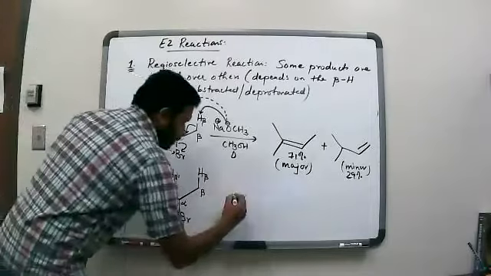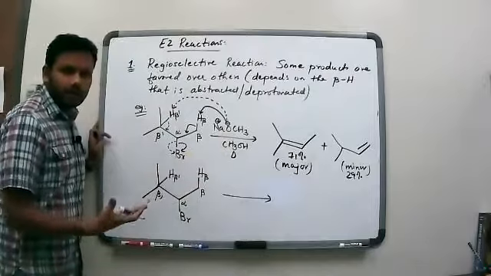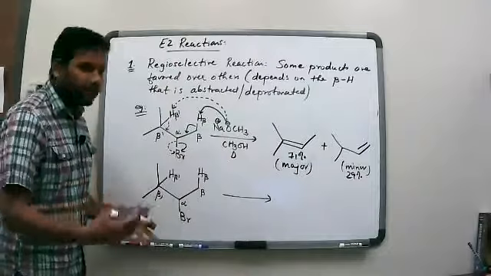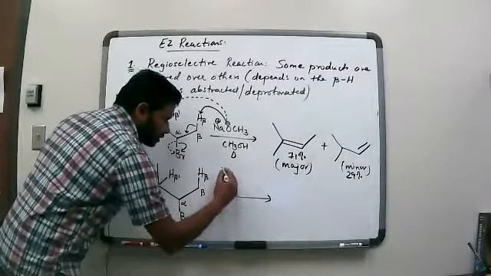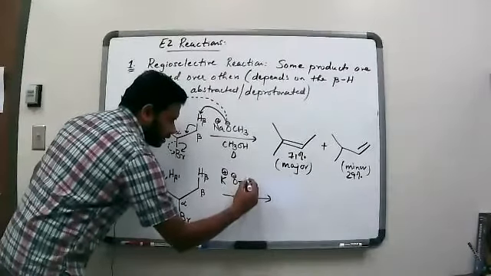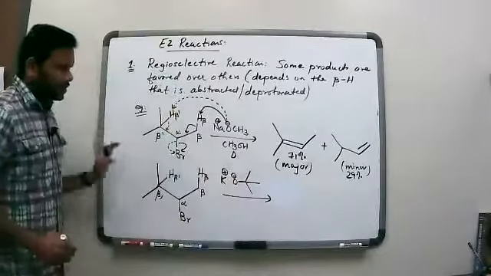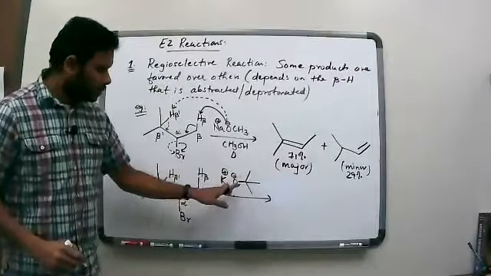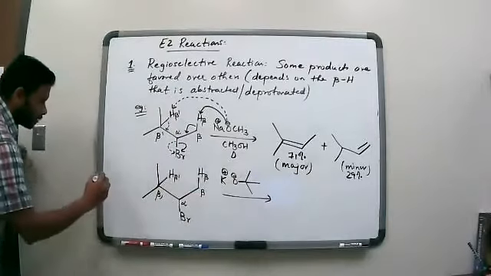What I'm going to do is, instead of using methoxide, use a bulky base, a bigger base. I'm going to use potassium with O minus, but now this O has 3 methyl groups. This is a tert-butoxide, a tertiary butyl group. So it's called potassium tert-butoxide.